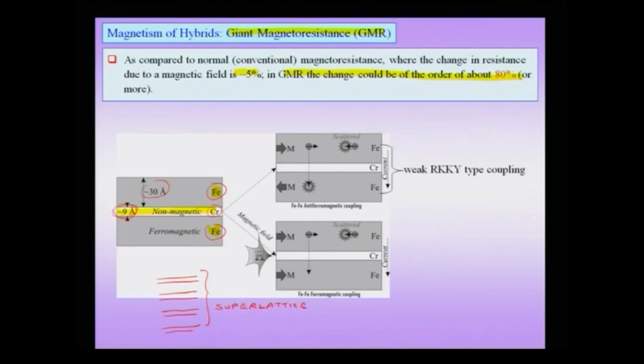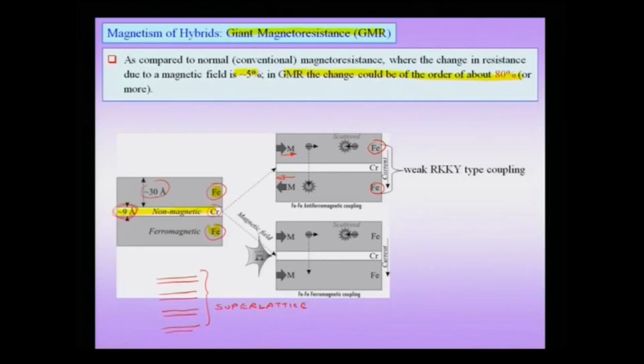The reason is that depending on the size of the non-magnetic layer, there is an anti-ferromagnetic coupling between the two layers of iron. That means, one layer of iron has magnetization pointing in one direction and the other layer has magnetization pointing in the other direction.